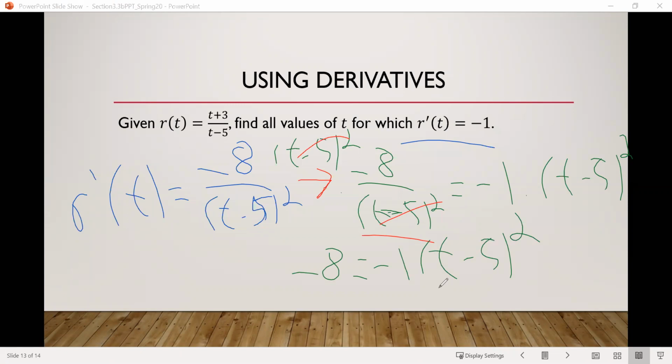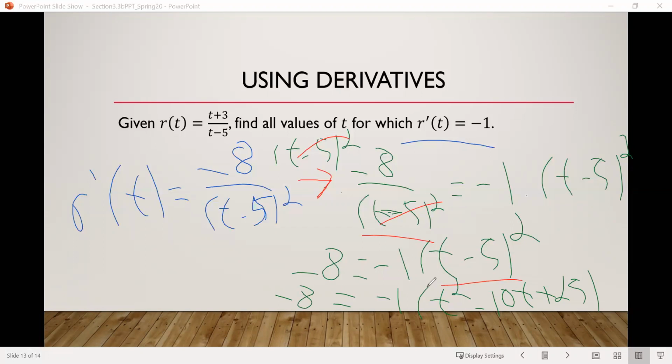We'll very carefully do our algebra here, right? First things first, we need to do t minus 5 squared, which remember you can't just distribute the square. You have to multiply this out as t minus 5 times t minus 5. So if you do that, you get t squared minus 10t plus 25 equals negative 8.